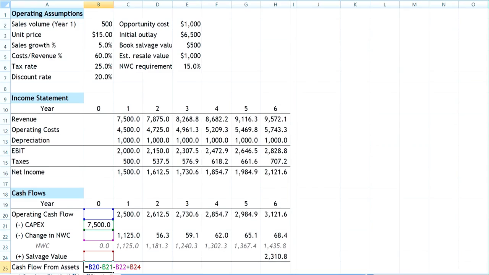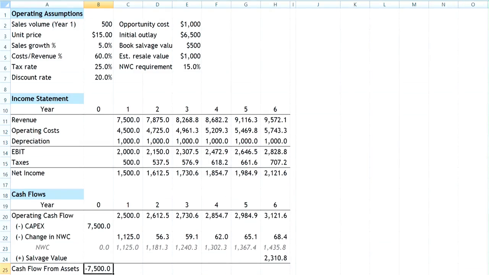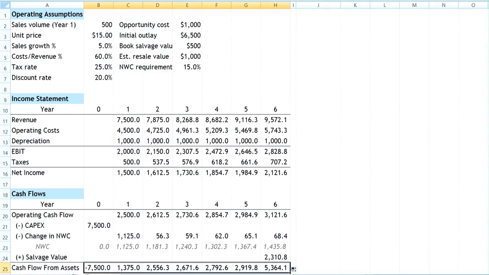We are almost done. We just need to calculate total cash flows by taking operating cash flow minus capex minus change in net working capital plus salvage value. So we got the total cash flow in year 0, and we can get total cash flows in other years by copying the formula to the right.